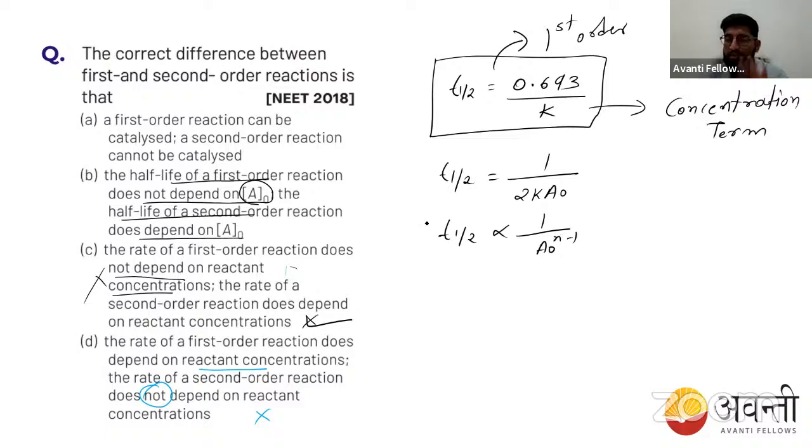Here, for a second order reaction, the half-life depends upon A naught, whether inversely proportional or directly proportional. At the end of the day, it depends upon the concentration A naught. So what is the answer then? In a first order reaction, the half-life does not depend upon A naught. But in a second order reaction, the half-life depends upon A naught, and is inversely proportional to A naught.